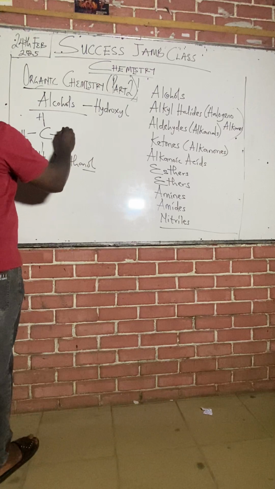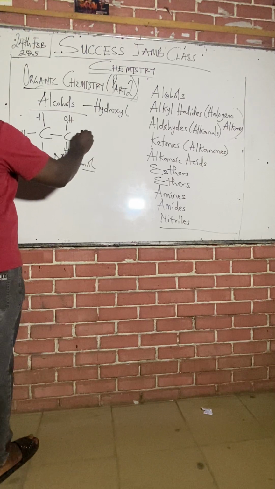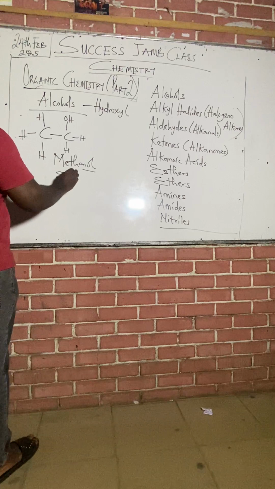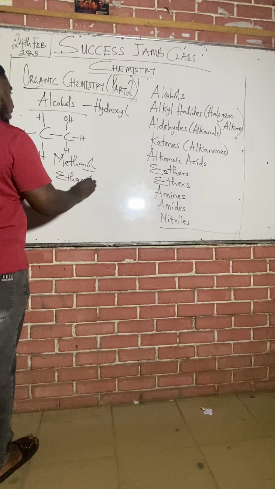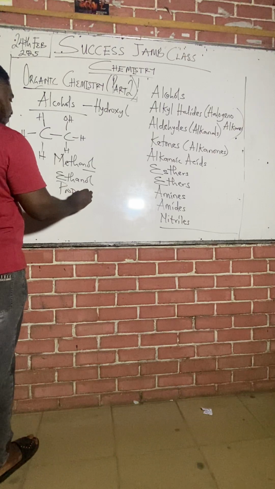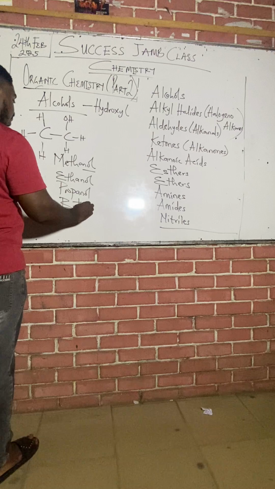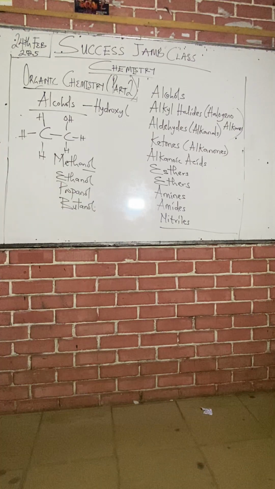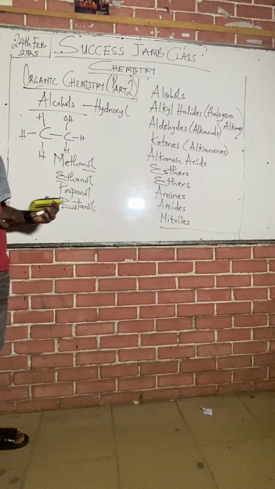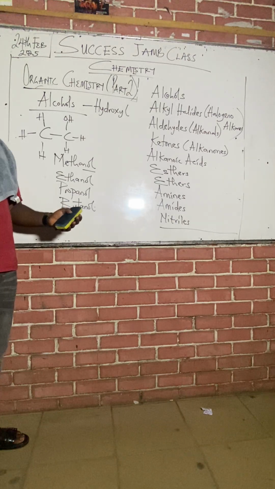If the carbon increases to 2, what will it now be? Ethanol. If the carbon increases to 3, propanol. 4, butanol. So the number of carbons determines how the naming begins, and the OH determines the ending of the naming.